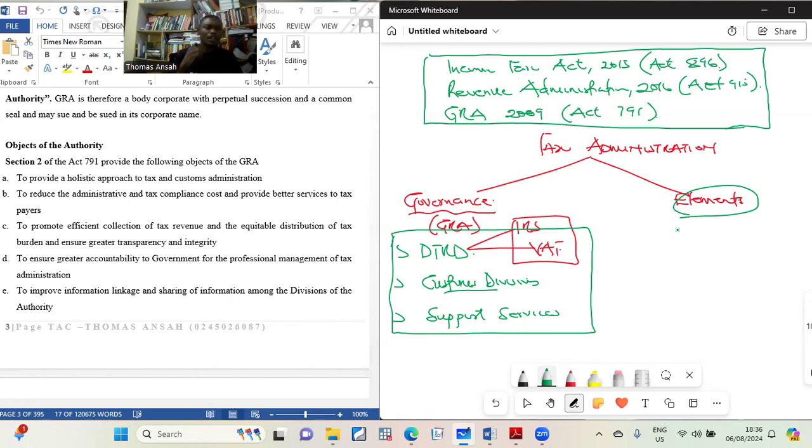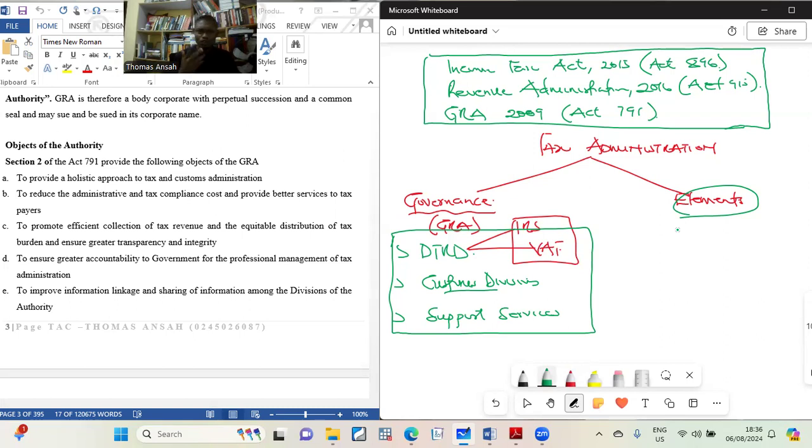Now, the object of GRA is to come up with a holistic approach to tax. When we say holistic, it means that from start to finish, you don't do it in between. You give us the process from the start and you end it completely. That is what we call a holistic approach. So they have to give us a holistic approach to tax and custom administration.